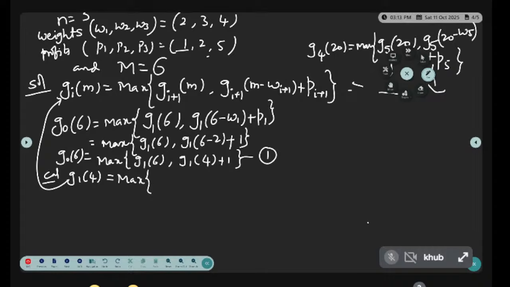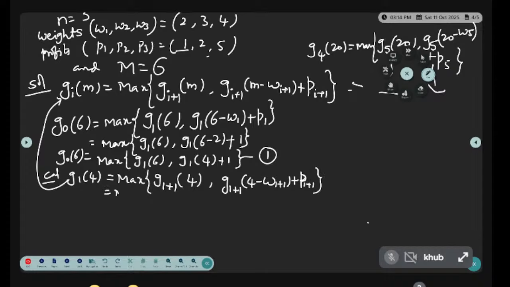G1 of 4 means bag capacity is 4, I value is 1, equals maximum of G I plus 1, I means 1, so G 1 plus 1 of m, m is 4 only, comma G of 1 plus 1 of 4 minus W of I plus 1, I is 1, so 1 plus 1, plus P of 1 plus 1.